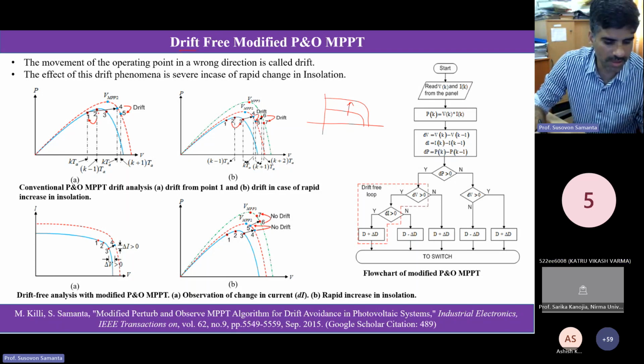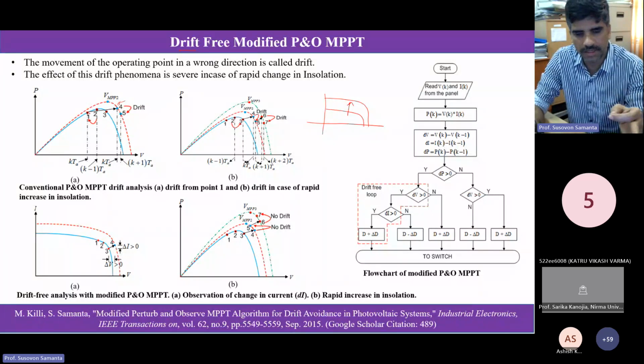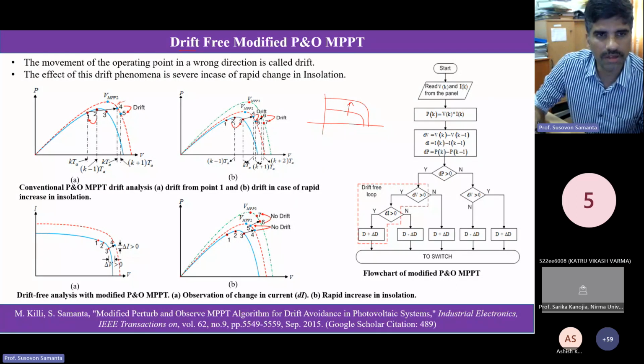Now suppose there is a sudden increase in irradiation. You already have a fixed D. Depending on the load resistance, there is no decision taken, so it will directly move from this point to this point.